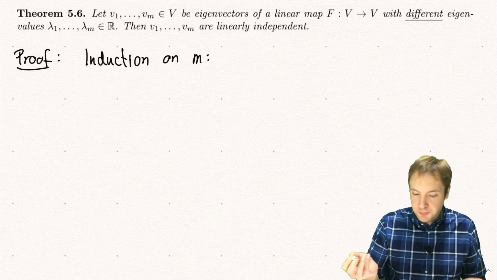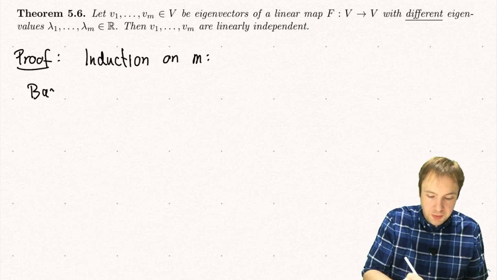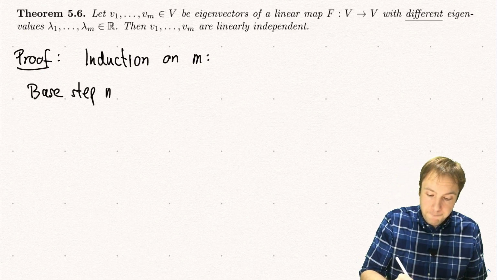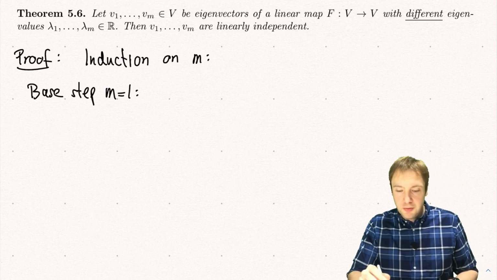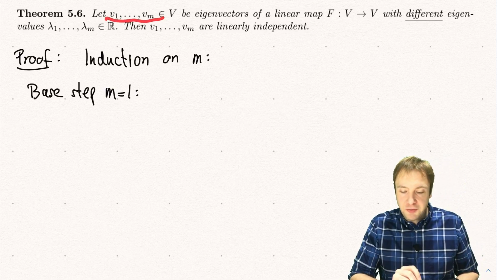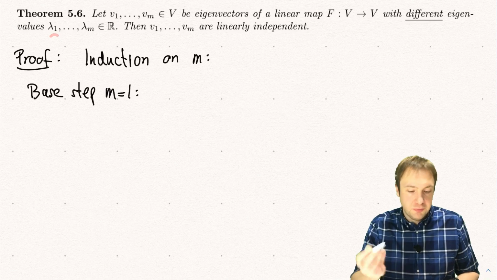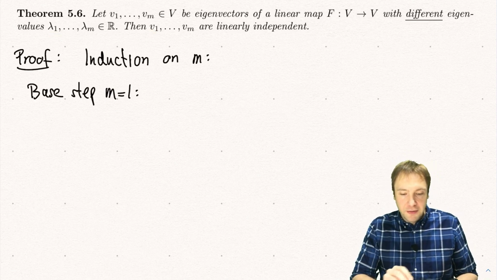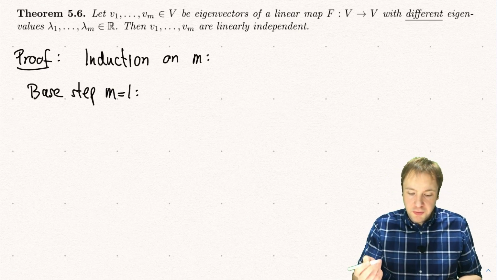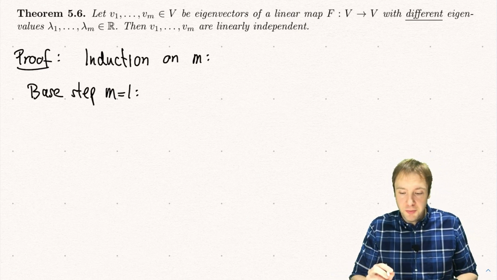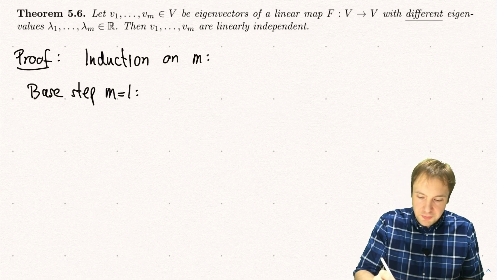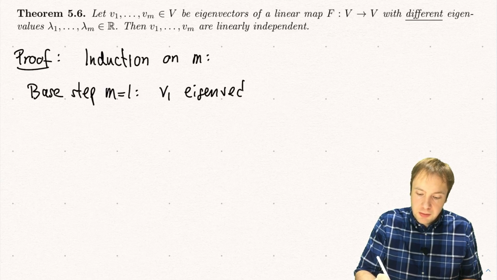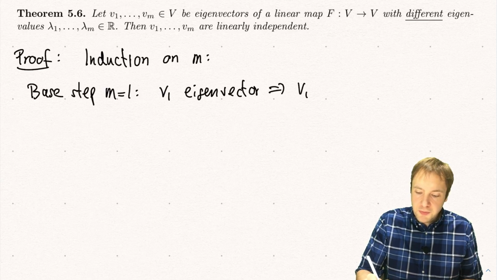So the base step would be to consider the case m equals 1. So if I have one eigenvector with eigenvalue lambda 1, then the statement is this one vector is linearly independent. And because in the definition of eigenvector we didn't allow the zero vector, this means v1 is not 0.